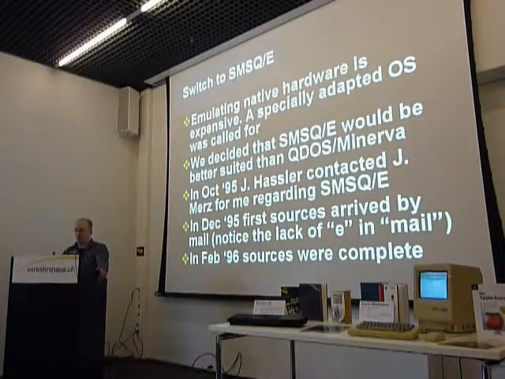Only in February '96 the sources were complete because I was the first one, I think, to ever get the SMSQ source code, and he had to rip it out of his hard disk. So he missed many parts. So I always said, oh, now this is missing and now that doesn't work. And that went on for 2 or 3 months before I really could compile my own version.